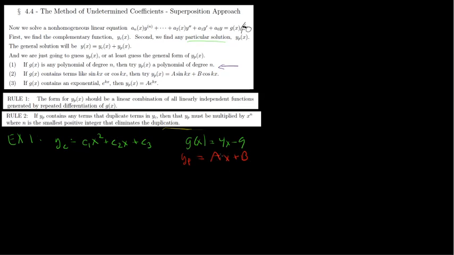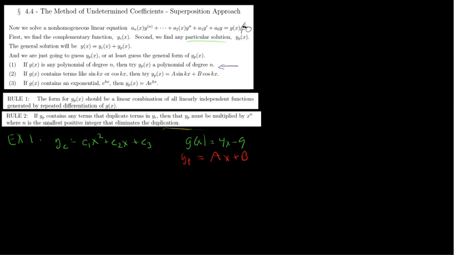The problem is this also contains an x term and a constant, but so does the complementary solution. So you can't have this sort of conflict or interference. You cannot duplicate terms in the particular solution that are already in the complementary solution. So that's our second rule here.